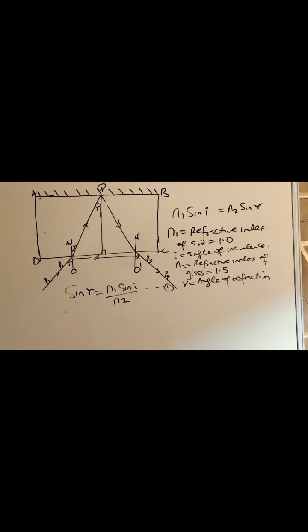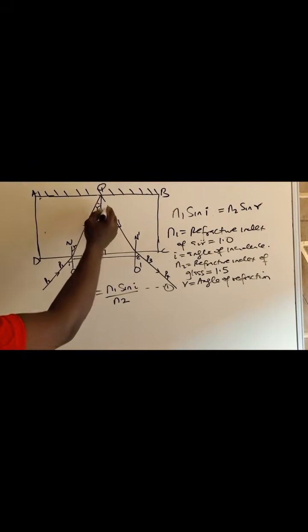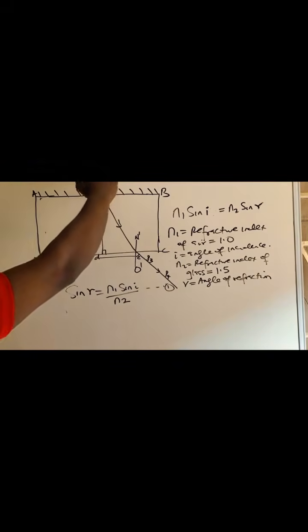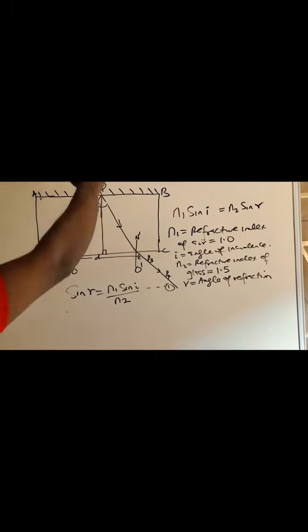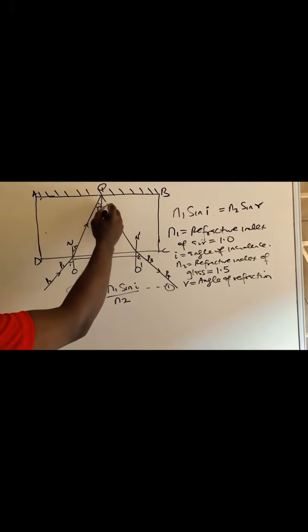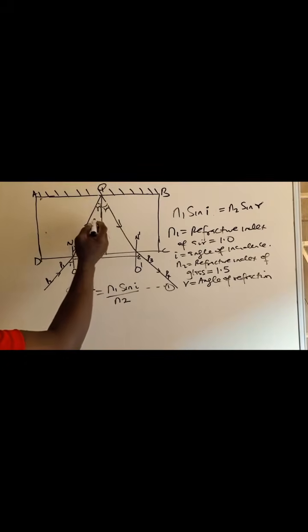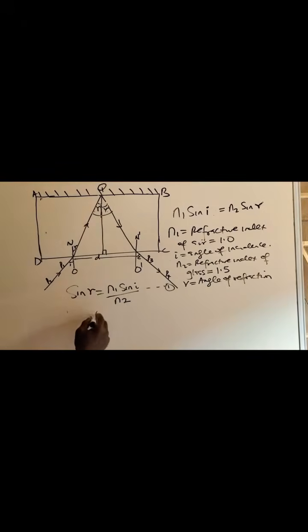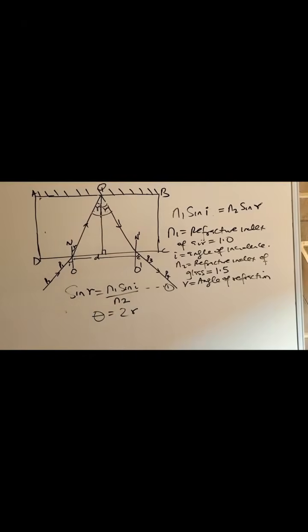So the angle of incidence here is r. Remember that there's a mirror, so the ray could not penetrate; it now has to go back. The angle of reflection here is also r. By the law of reflection, the angle of incidence equals the angle of reflection. That means our theta, which we're looking for, becomes equal to 2r. So our theta will be equal to 2r.